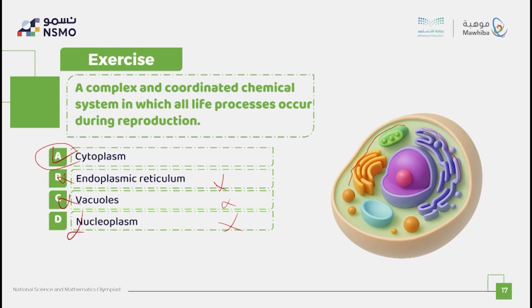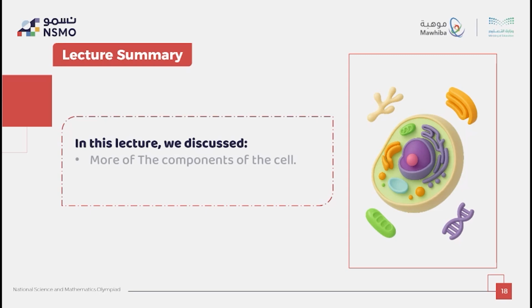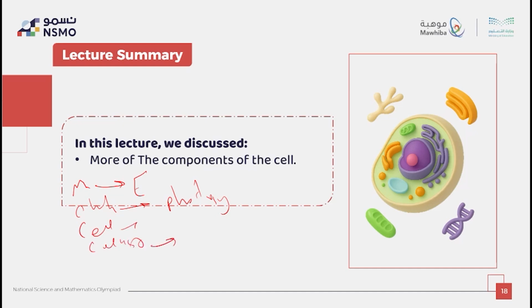Okay, guys, don't forget. Let's sum up what we covered today. We covered the mitochondrion, which we called the factory of energy. We talked about the chloroplast, which does photosynthesis. We talked about the cell wall, the defense, the cell skeleton that gives the cell its shape.